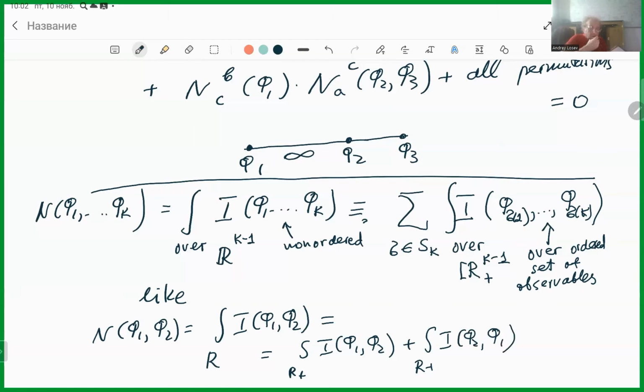I think there's something wrong with the line above. So here, yeah, this one. R^k to R^(k-1) has like what, 2 to the power k minus 1 connected components? No, it has not 2 to the power k minus 1.